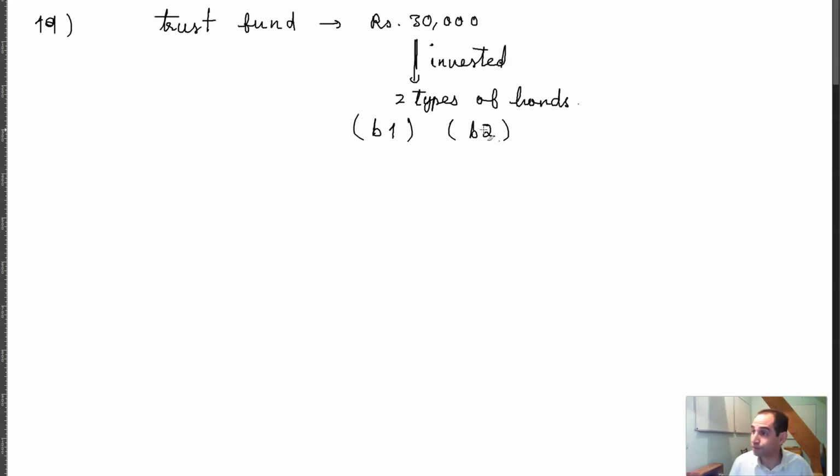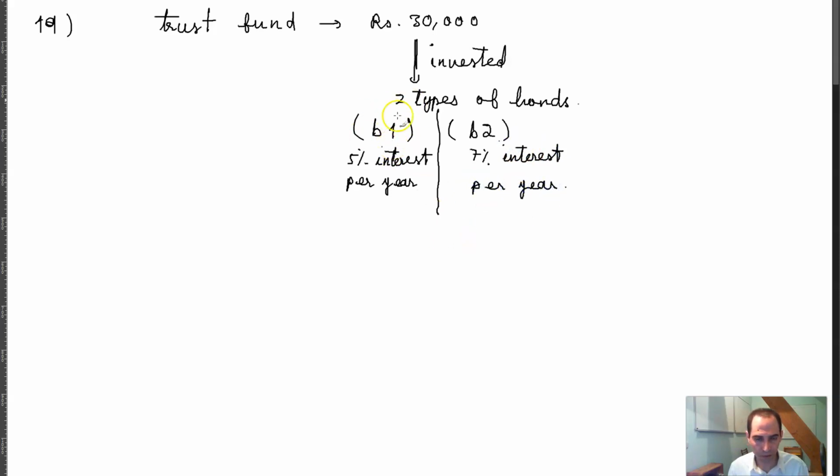Now, the first bond that we have over here pays 5% interest per year. The second bond that we have here pays 7% interest per year.